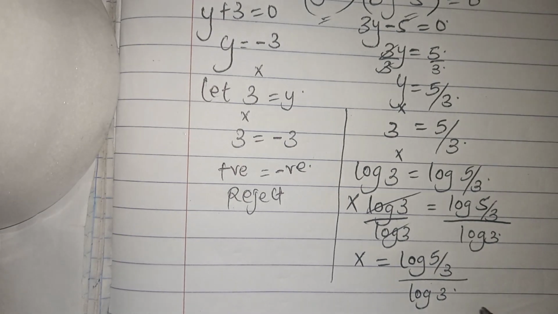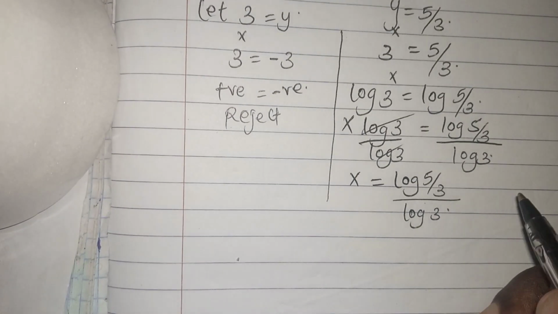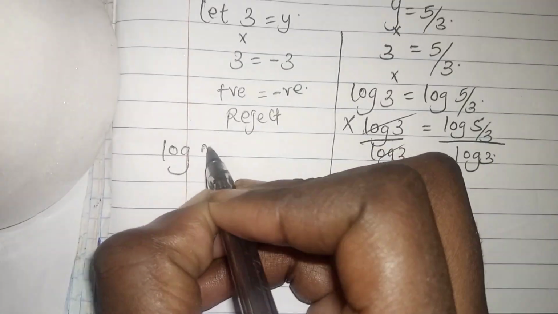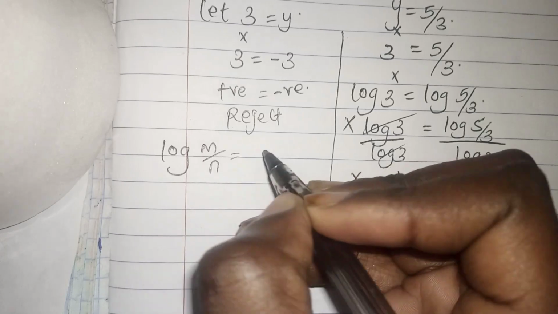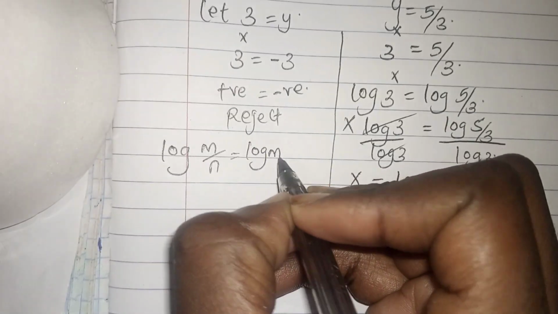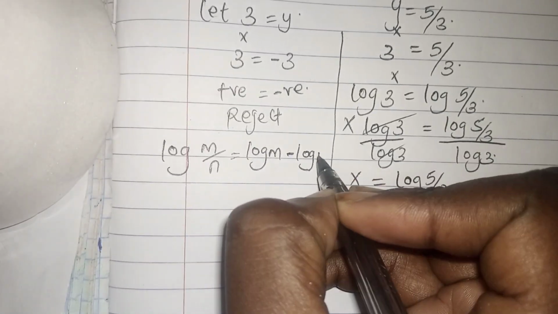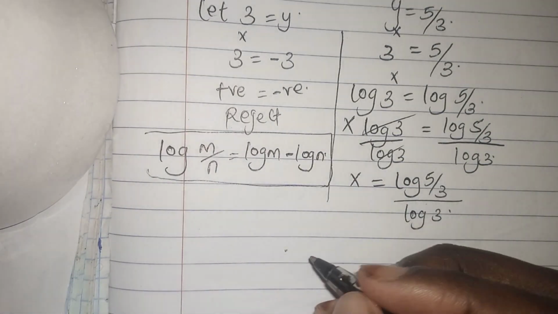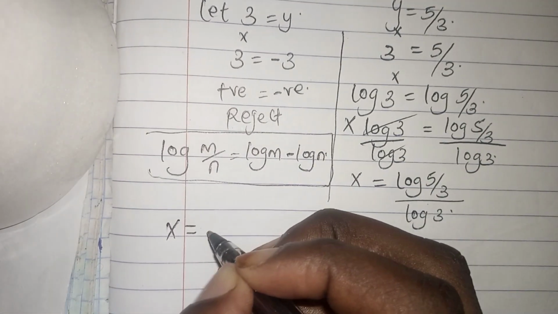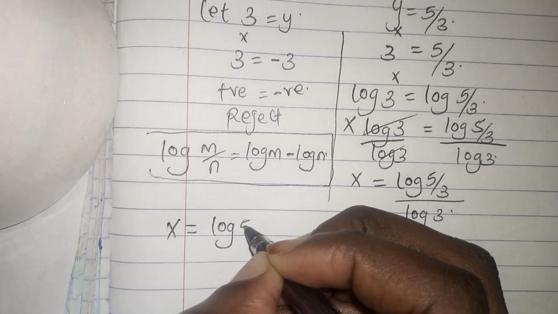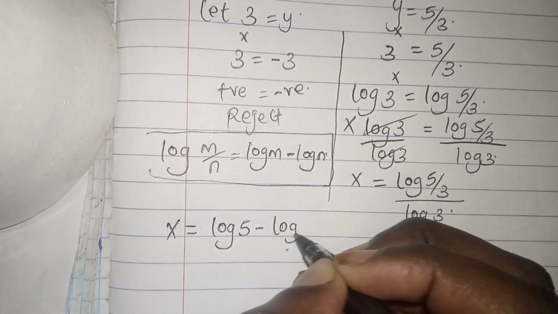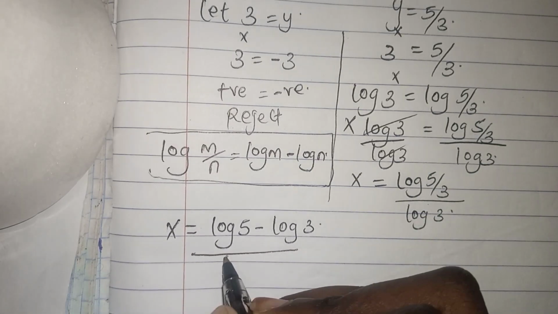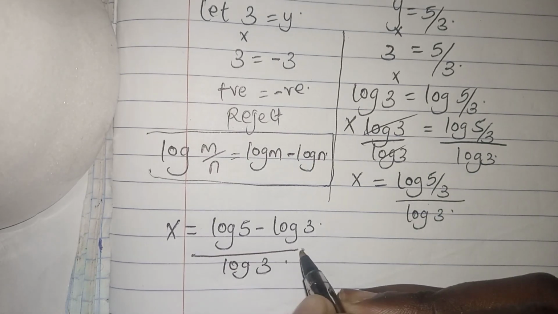So we are going to use this rule of logarithm, whereby if you have log of m over n, it is equal to log m minus log n. So we are going to apply this rule over here, whereby x is equal to log 5 minus log 3 over log 3.